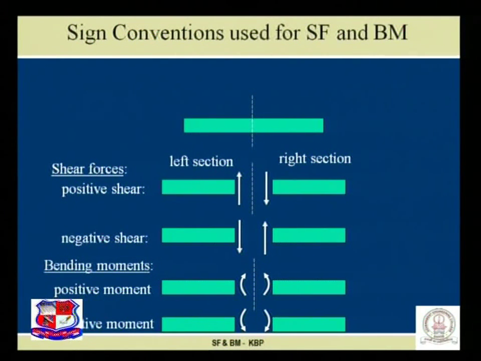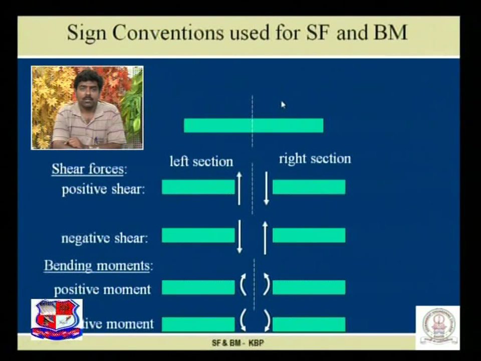Now let us understand the sign convention which is used for shear force and bending moment. To understand this sign convention, refer to a figure of a beam. Let us divide the beam by taking section XX. The beam will be divided into two parts, left part and right part.